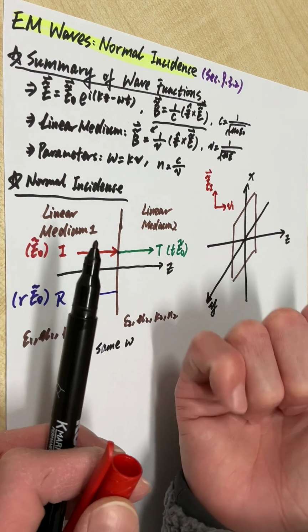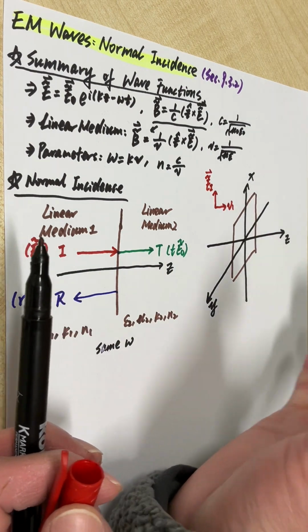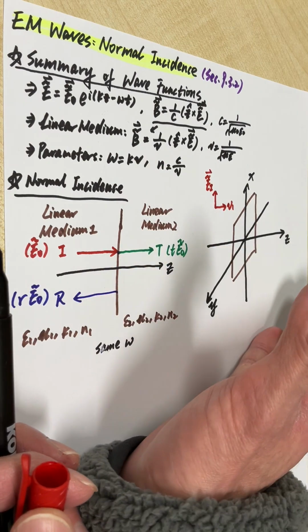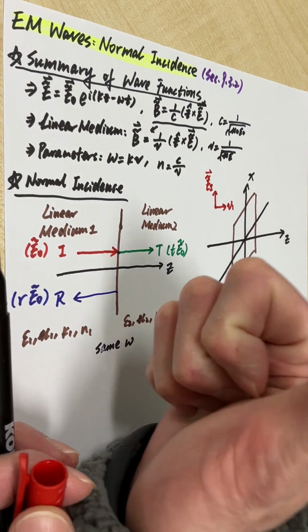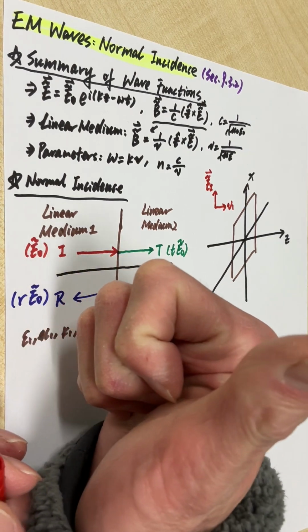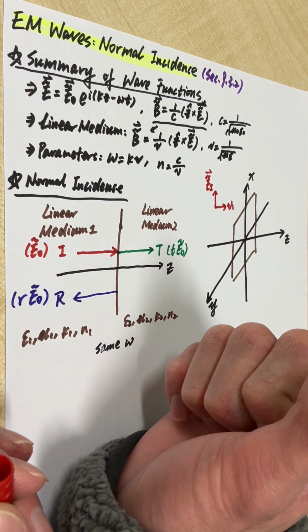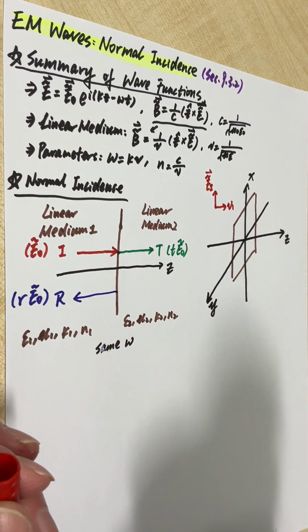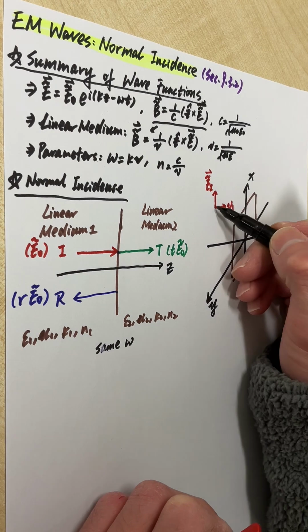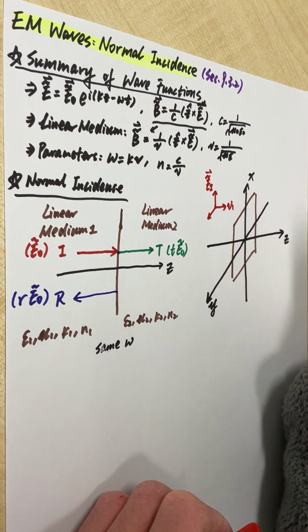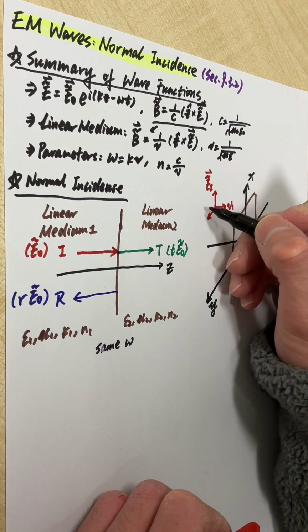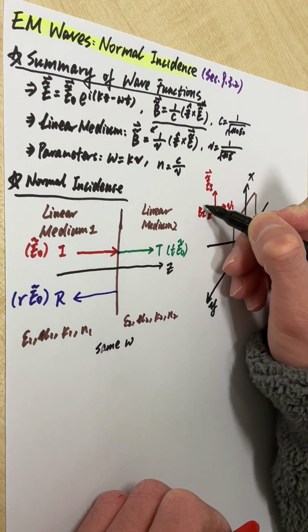Based on the right-hand rule, from the propagation direction cross electric field, the magnetic field is pointing towards the y direction. So we have magnetic field BI.